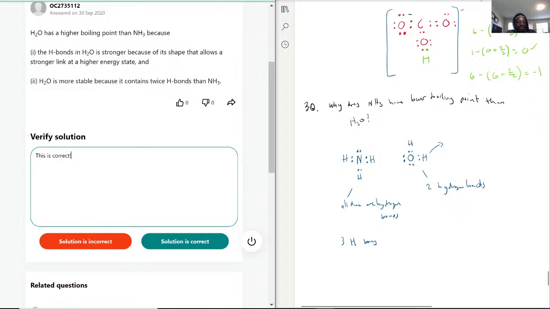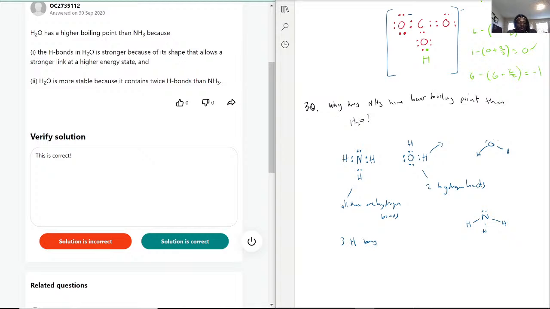Okay, I wouldn't really talk about the shape, because although oxygen is bent like that and nitrogen is kind of like this, I wouldn't really know specifically how shape plays into a stronger bond.